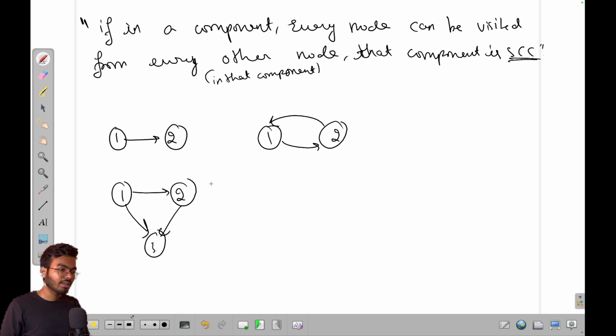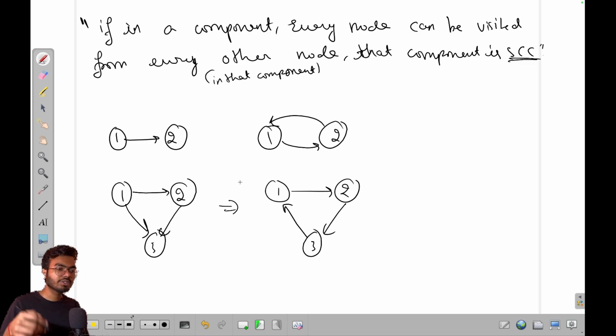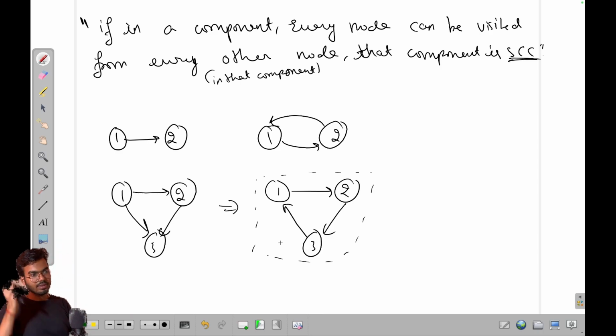The counterexample would be to reverse this edge or add one more edge like that. So if there is a cycle in the directed graph, then it forms a strongly connected component. Now I can visit every node from every other node, right?